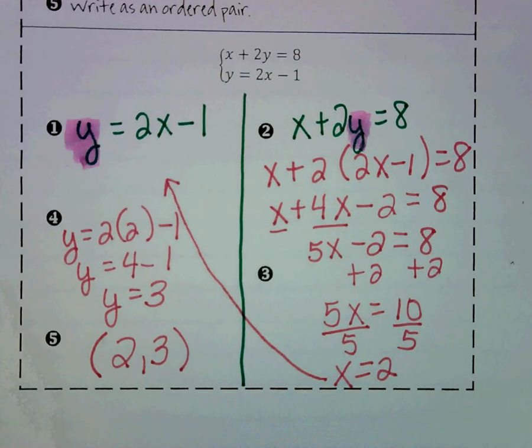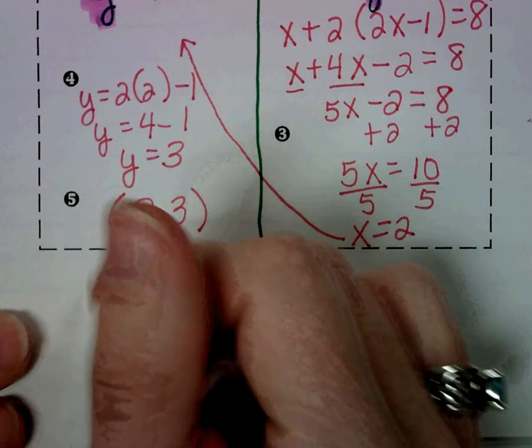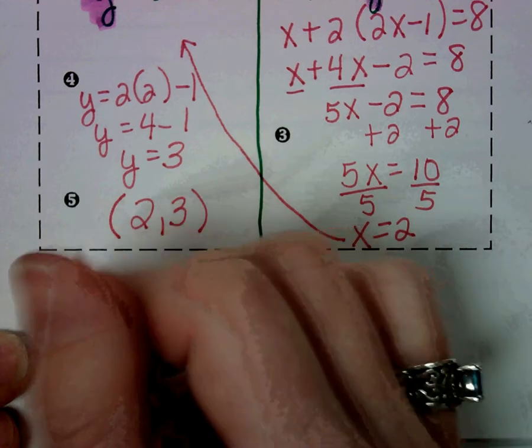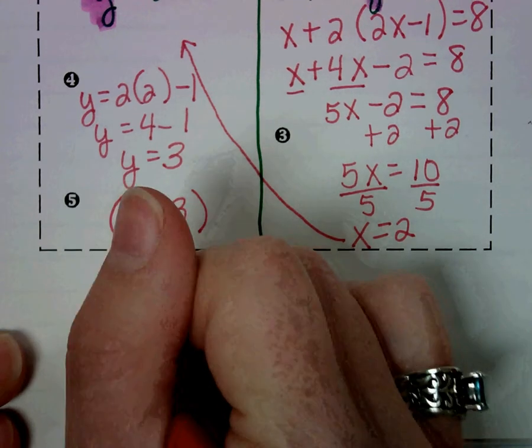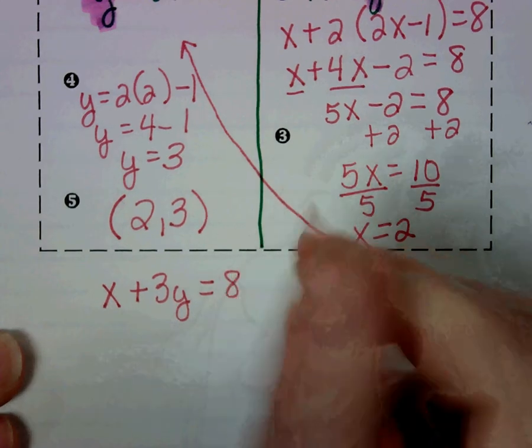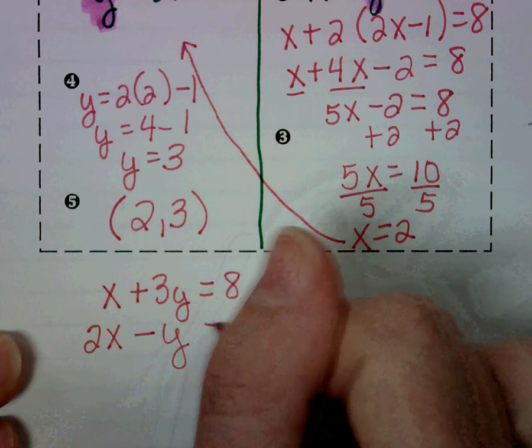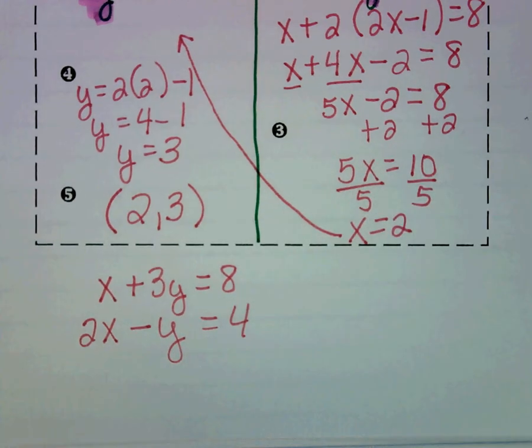Okay. Now, let me give you an example, and I'm just going to totally make this up. So we're not going to go through the whole method and solve it. If I give you x plus 3y equals 8, and 2x minus y equals 4. Okay, there's a system of equations. So my question to you is, we don't already have a variable by itself.